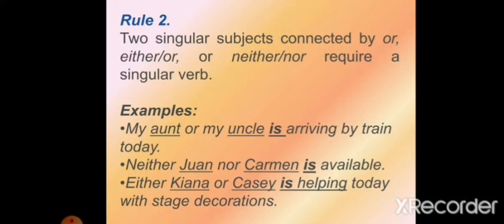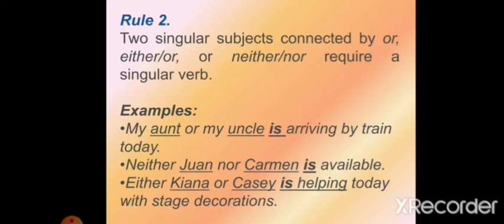Now the rule number 2. Two singular subjects connected by or, either or, neither nor require a singular verb. Now, example. My aunt or my uncle is arriving by train today. Find out the subject. There are two subjects here. Do you notice? My aunt or my uncle.